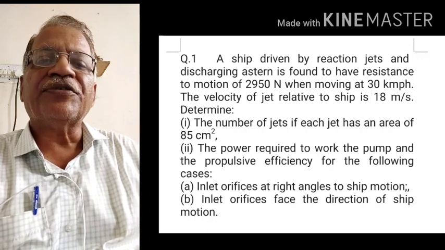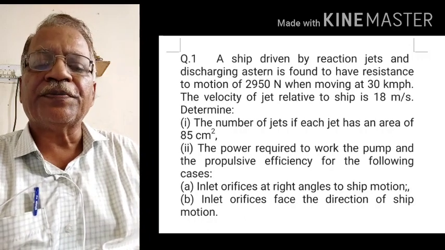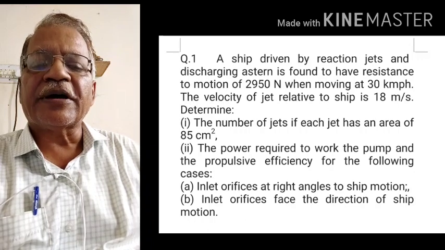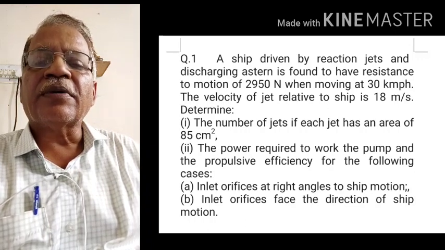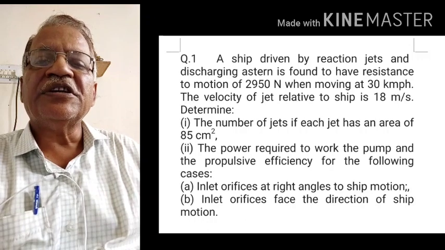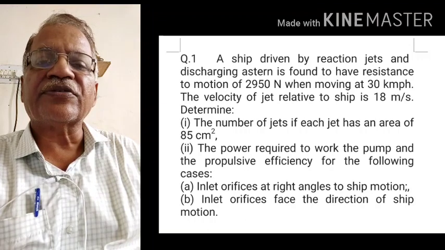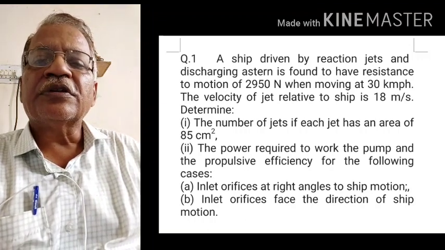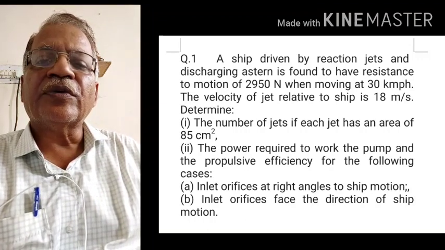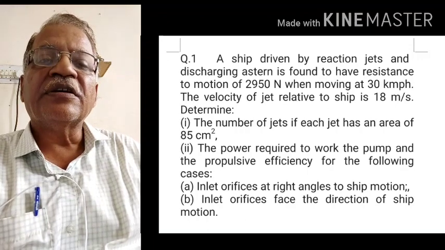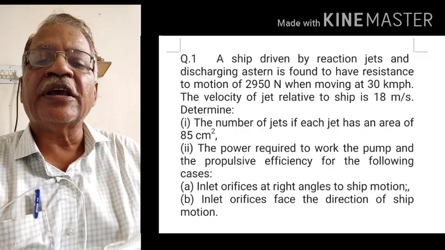The velocity of jet relative to ship is 18 meter per second. Determine 1. The number of jets if each jet has an area of 85 centimeter square. 2. The power required to work the pump and the propulsive efficiency for the following cases. A.